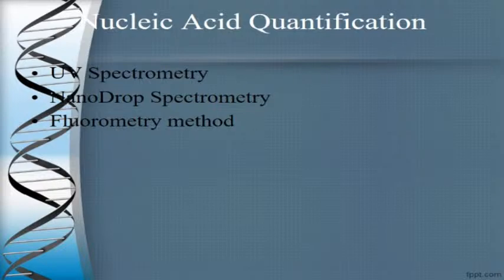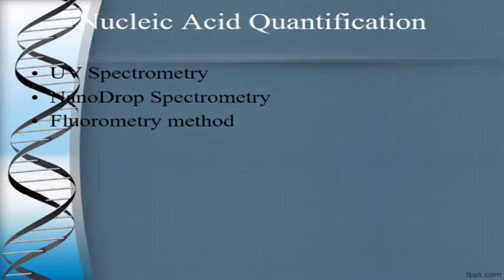You are not sure whether what you have extracted is DNA or RNA, or whether the quantity of the DNA in that fluid is something you desire or not. So there is a machine that does that for you, and there are various methods of doing that. We have the UV spectrometry method, the nanodrop spectrometry method, and the fluorometry method.